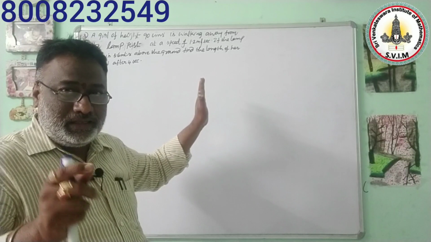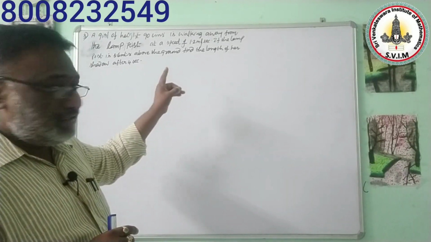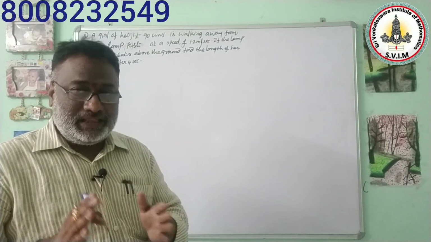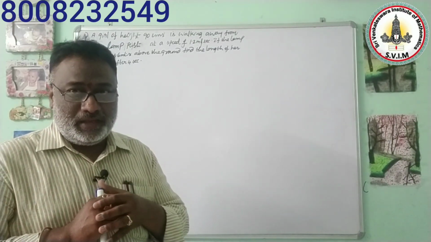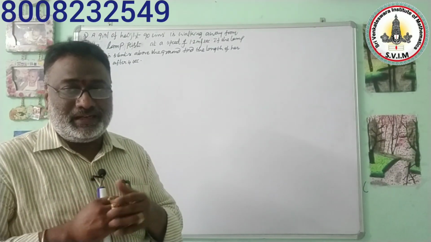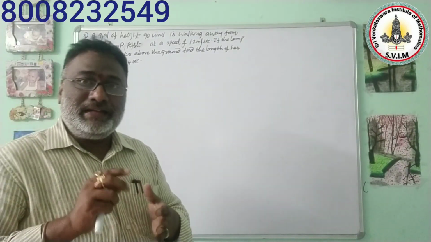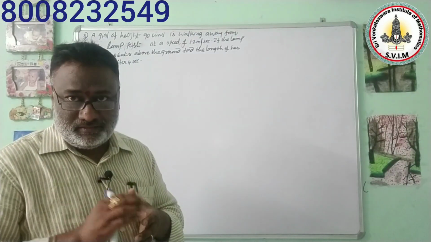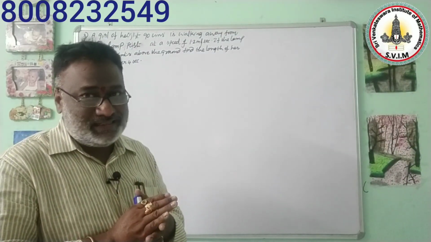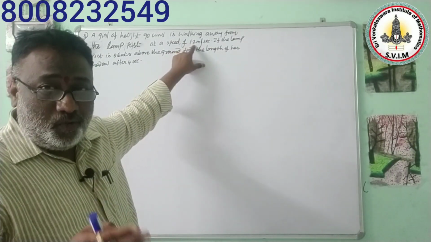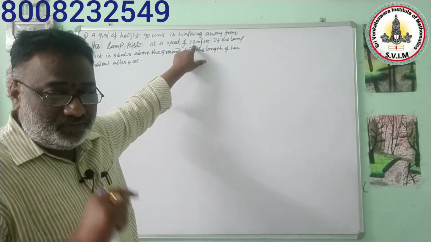So here one thing you need to remember: that speed is not the measurement of the line segment. That is only speed. To find the measurement of that line segment after drawing the figure, that line segment is nothing but distance here. According to this speed, how much distance is traveled, that you need to find.